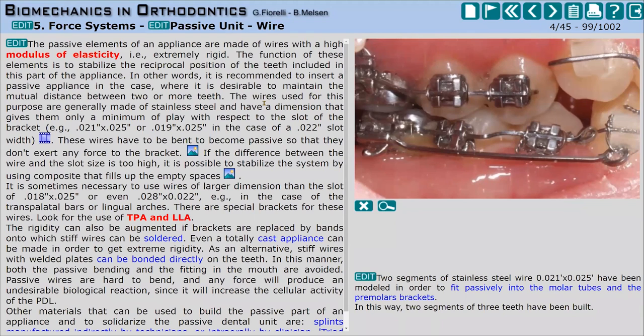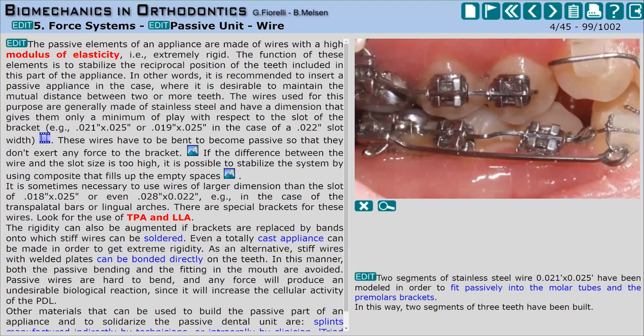So when we want to solidarize some teeth, we usually have to use, most commonly I would say, a rigid wire that is stainless steel, basically, with an important cross section. So this wire here that you see that I have to draw, I can draw it here.